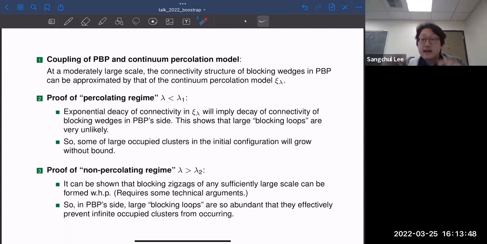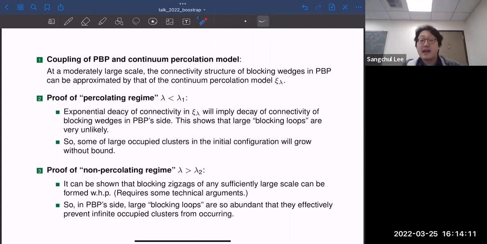Now using that, and using the exponential decay of the connectivity in the continuum model, when lambda is less than lambda 1, I can show that the blocking wedges are typically very short.